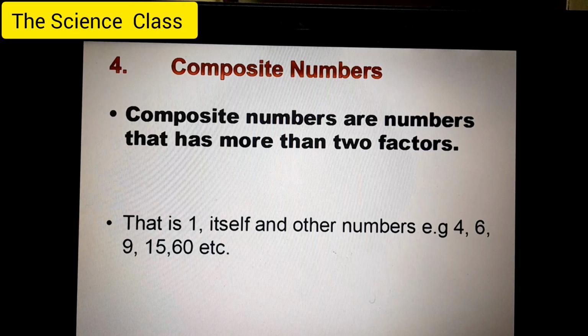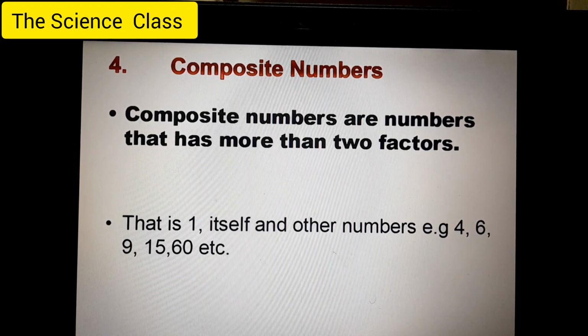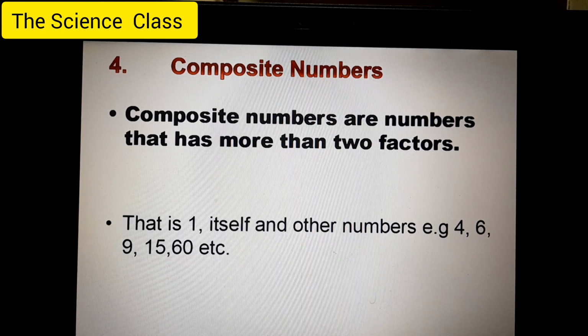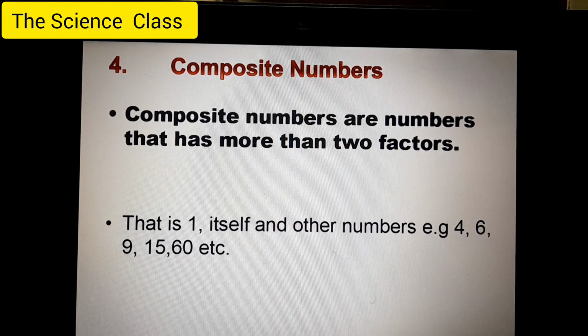The next number is composite numbers. Composite numbers are numbers that have more than 2 factors. So, composite numbers are just like the opposite of prime numbers. A prime number has only 2 factors, that is 1 and itself.